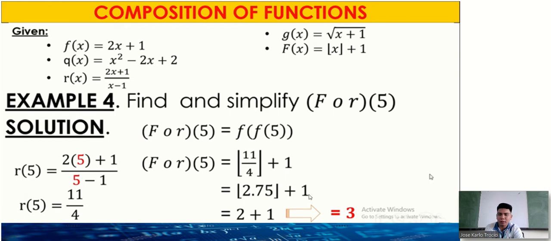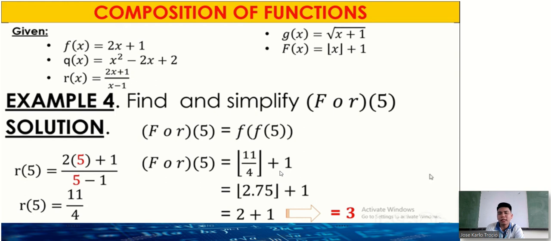Then plus 1, that is 3.75, if you are going to use a calculator. That could be the answer. You are going to have the answer 3.75.